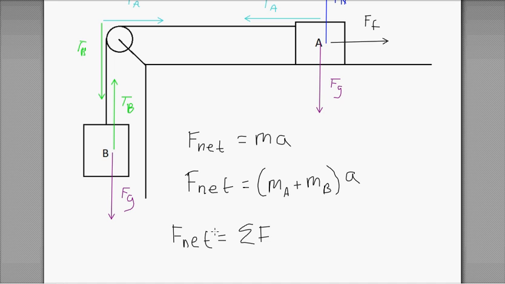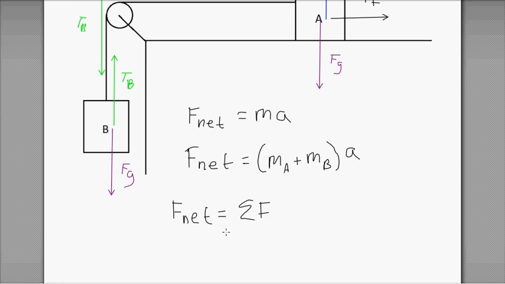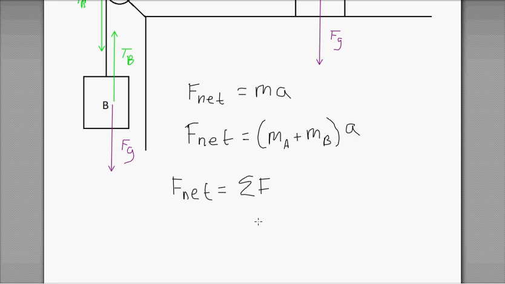Now, the one thing to realize is, let's add them all up. Let's do the summation. Let's be very, very basic about it.